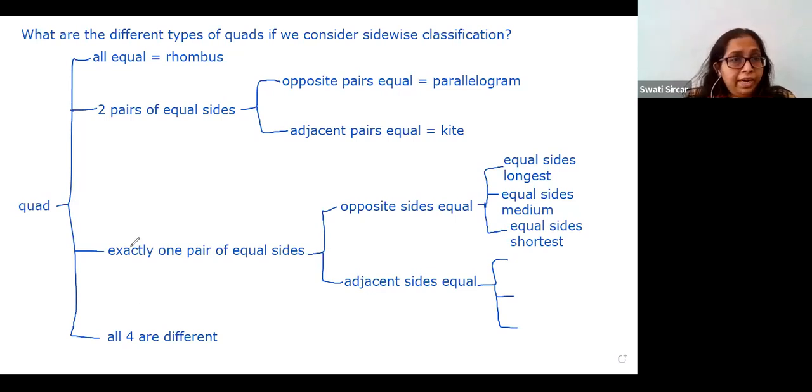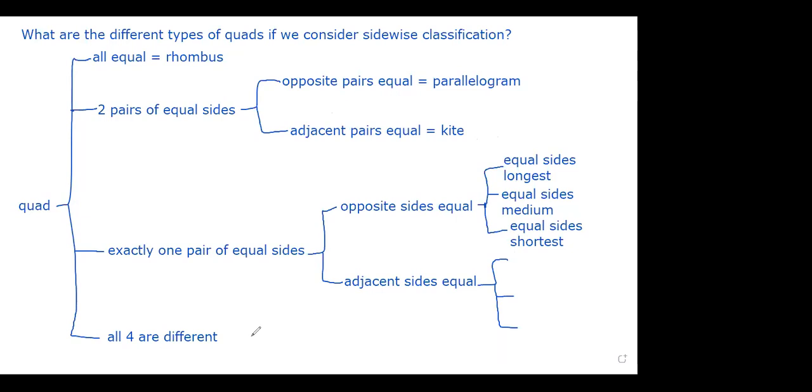Now, what else? Already, look, we have got 1, 2, 3, 4, 5, 6, 7, 8, 9, 10. At least 10 types we have got. In the case of triangles, we had 3. Now we are already at 10 when we may not have exhausted everything. What other possibilities are there?